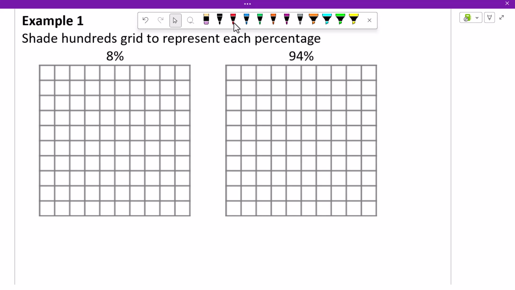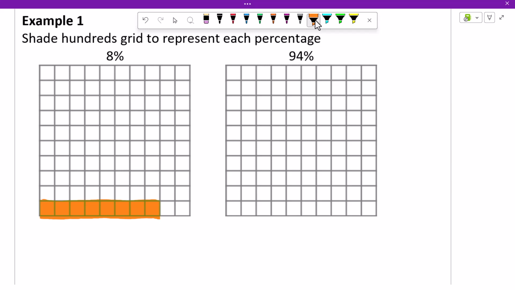So shade in 8 boxes. Now, I'm going to use my color here. And that's 8. All right. Which 8 you shade in, it doesn't matter, so long as 8 out of the 100 are shaded in, it's fine.